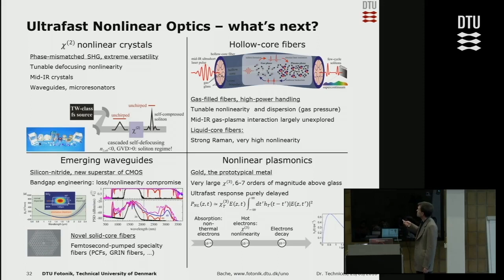And you can also take the same hollow core fibers, instead of filling them with gas, you can put liquids in them and get some really nice nonlinear phenomena out of that. And then ultimately, we have the very, very small nanophotonic devices based on, for instance, metals and 2D materials and so on. And the femtosecond nonlinear optics of that is sort of an emerging area that we have to explore further.